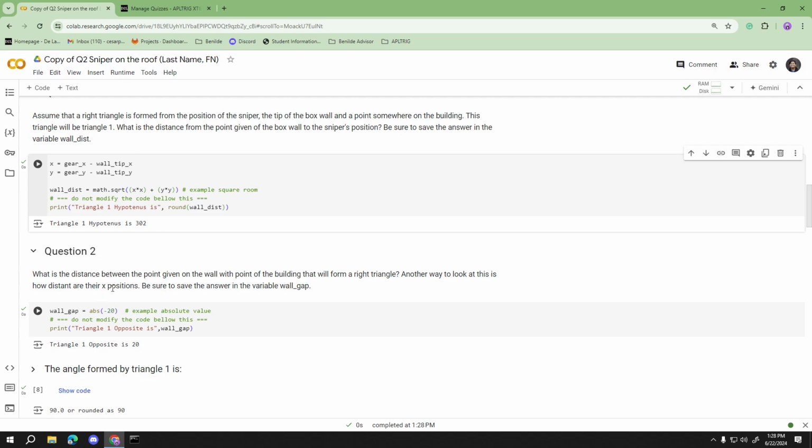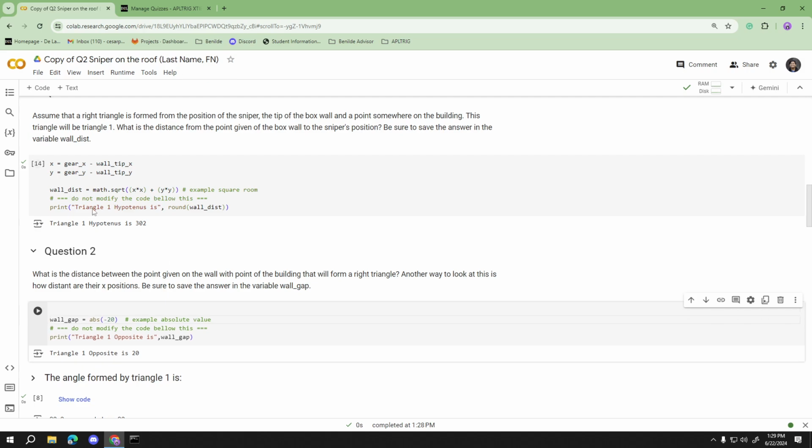Question number 2: what is the distance between the point given on the wall and the point of the wall of the building that will form the right triangle? Another way to look at this is how distant their X positions are.